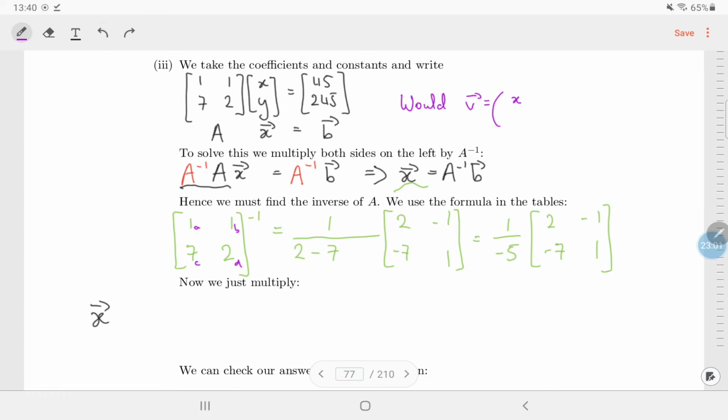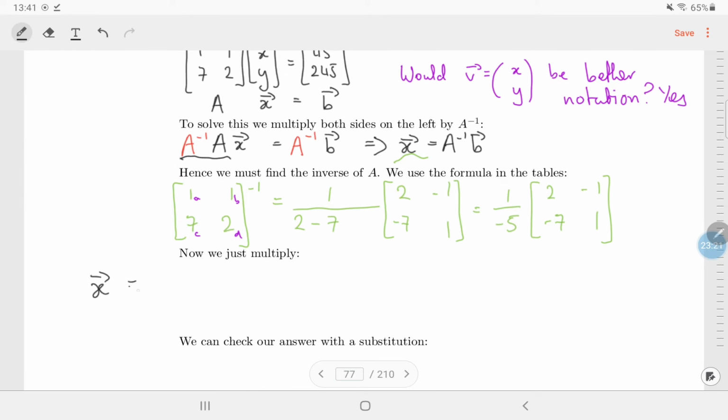You see the confusion, there's the number x and the vector x. It would be better notation, in my opinion, yes, but we're too far gone. I won't go back and change them. So anyway, x is A inverse times b.